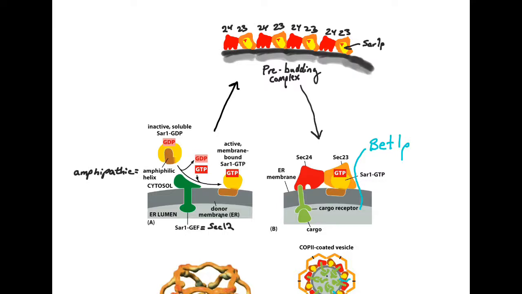And there's no cargo yet, so it's the formation of this pre-budding complex that alters the conformation of Sec24 here, so that the cargo binds to it.